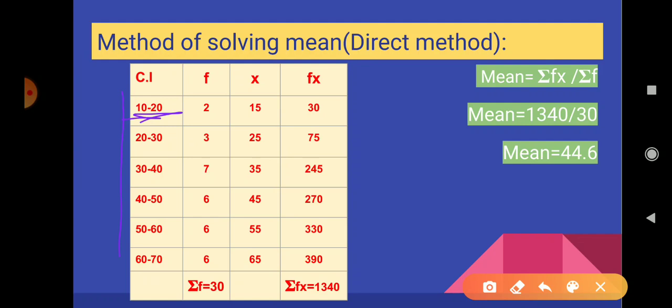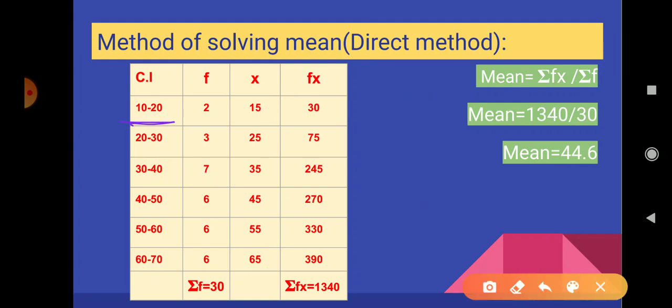I gave one formula also: lower limit plus upper limit divided by 2. You can use this formula. Otherwise, just observe 10 to 20. What is the mid value? It is 15. If you get one class mark, the others will be continuous: if it is 15, it must be 25, 35, 45, 55, 65.